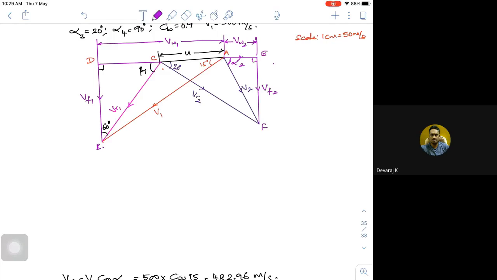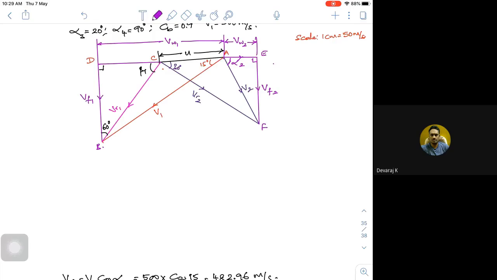If I consider the right angle triangle CEF, then I can go with sine 30 equal to VF2 divided by VR2. I'll get my VF2.